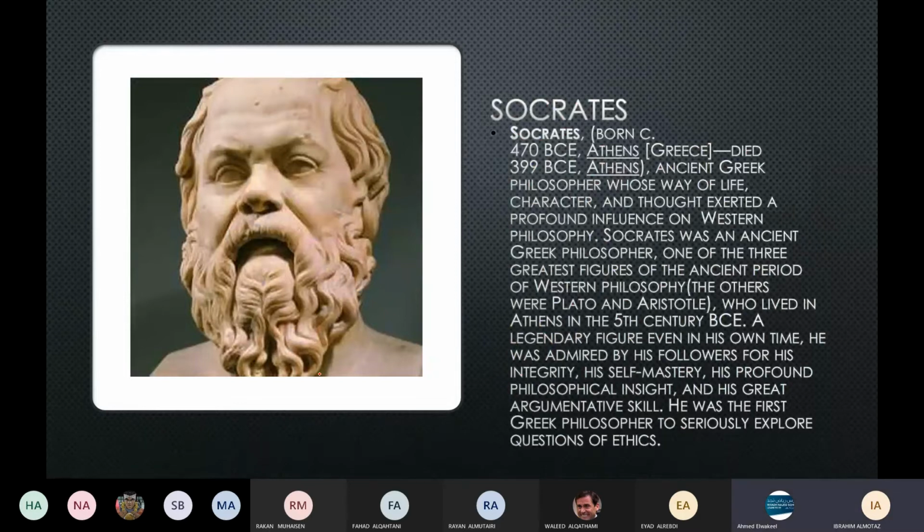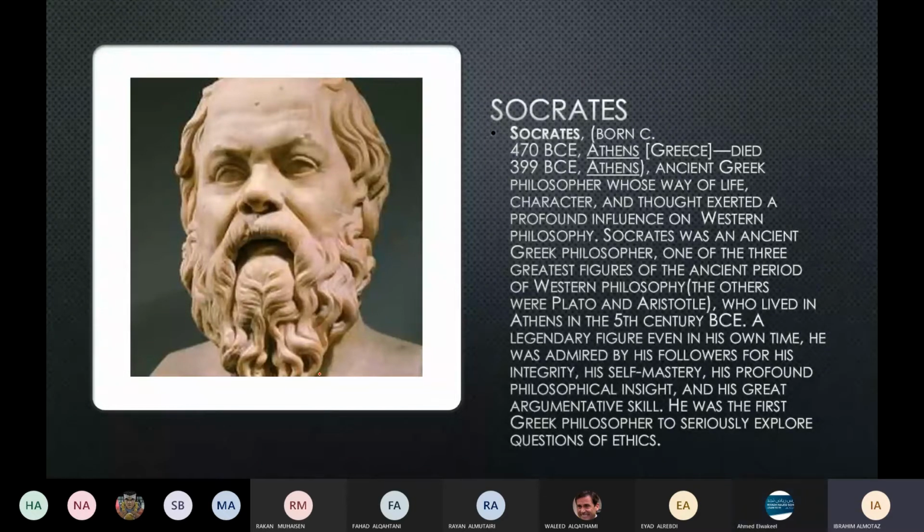Socrates, ancient Greek philosopher whose way of life, character, and thought exerted a profound influence on Western philosophers. Socrates was an ancient Greek philosopher, one of the three greatest figures of the ancient period of Western philosophy. The other two were Plato and Aristotle, who lived in Athens in the 5th century before the Common Era.